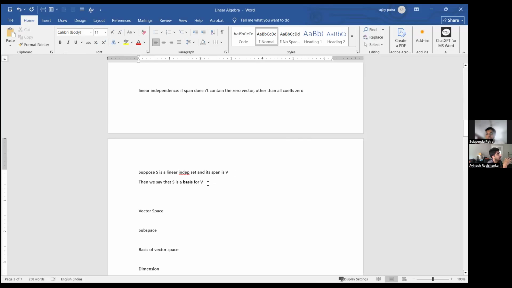Why is the S different than your span? The span is all the linear combinations. So let's say the set S is V1, V2, V3, and the span is all C1 V1 plus C2 V2 plus C3 V3. So then that span is the vector space V, but the basis is just 3 vectors.